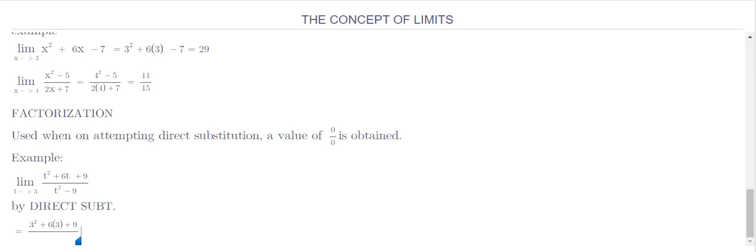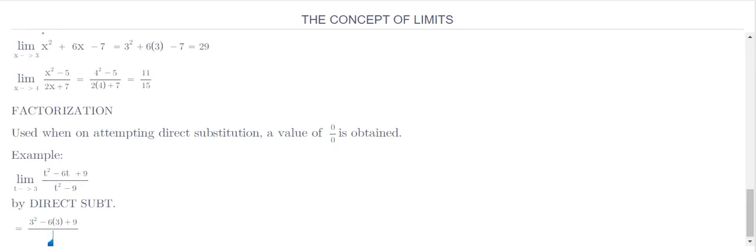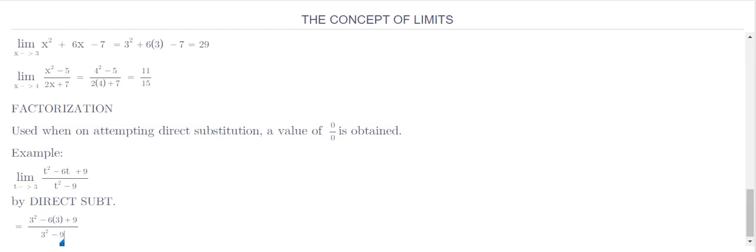And down here we are having 3 raised to power 2 minus 9.